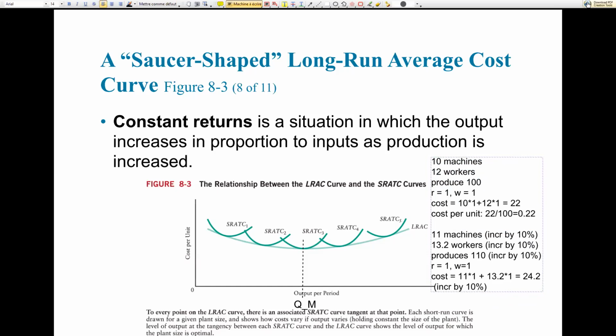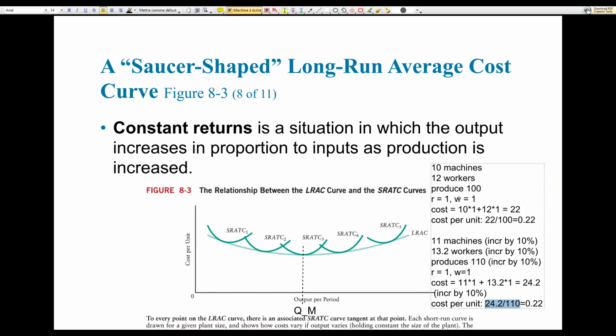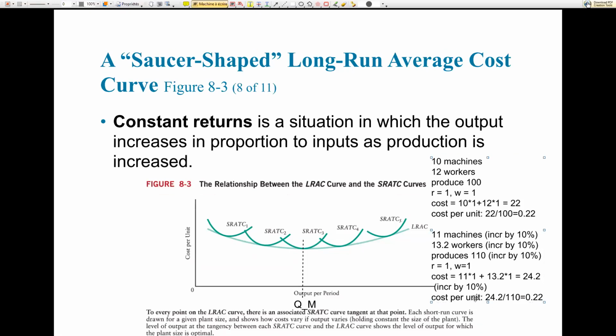Here, cost per unit would be 24.2 divided by 110, which should be 0.22, hopefully. Yeah, that's the case. All right. So that's what it means to have constant returns: I increase all my inputs by the same proportion and the cost per unit stays the same.